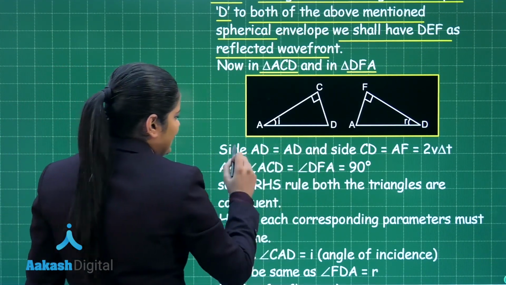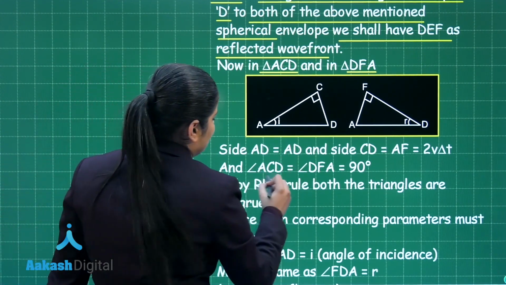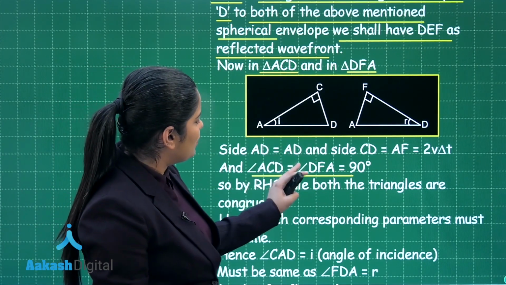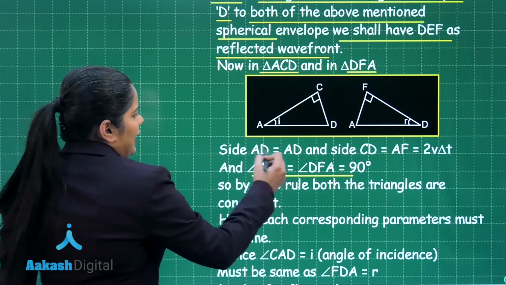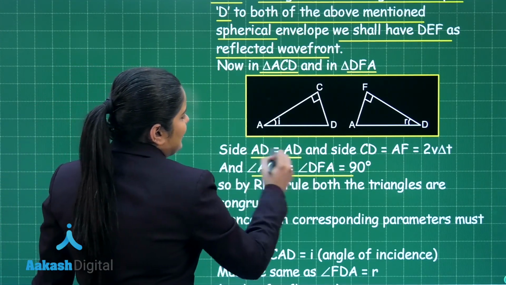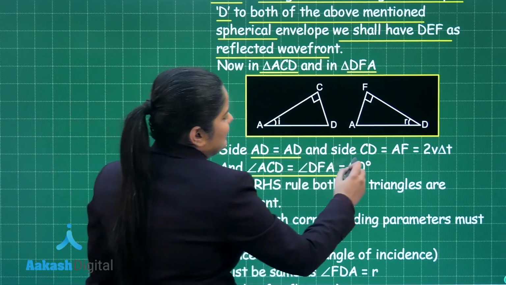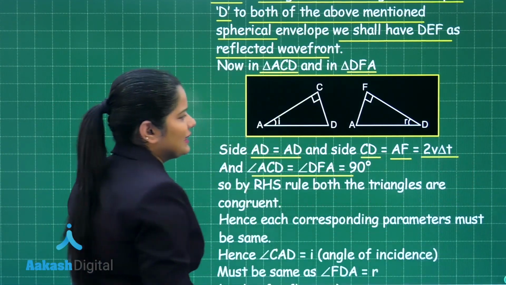Now in these two triangles, angle ACD is equal to angle DFA, both are 90 degrees. Also AD is equal to AD, which is common to both triangles, and CD is equal to AF, that is 2v delta t.